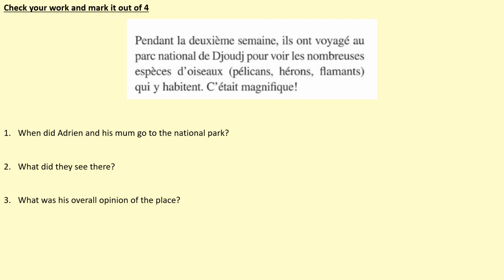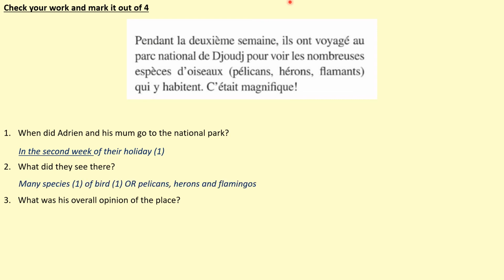Number 1. They went in the second week of their holiday. So you see in the text here, pendant la deuxième semaine, during the second week. That's worth 1 mark. 2.